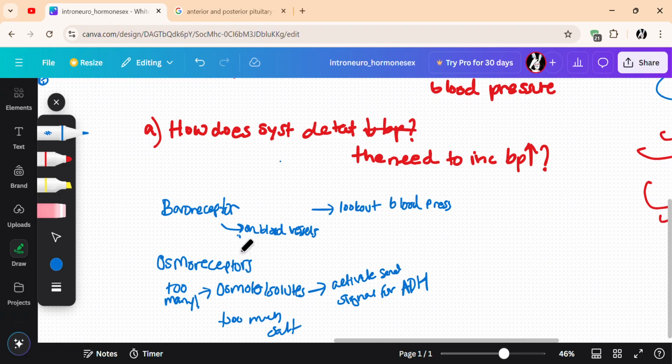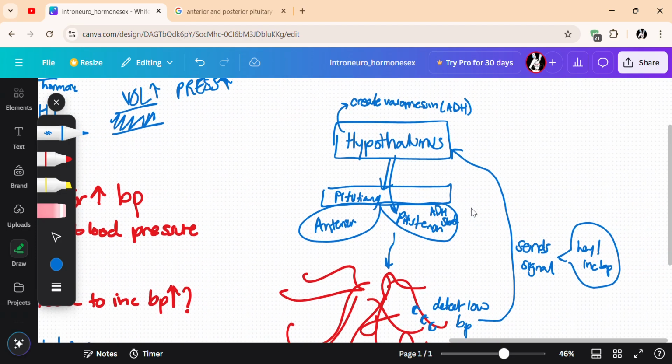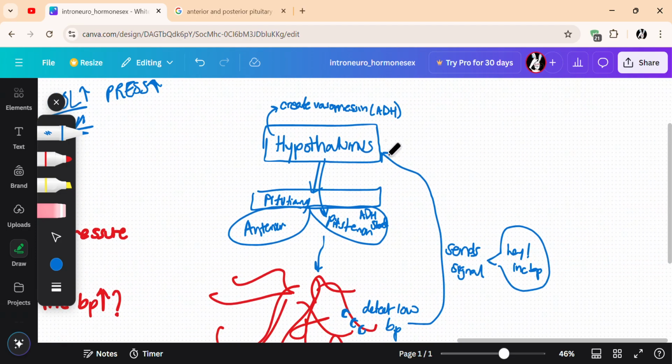And while baroreceptors are on blood vessels, osmoreceptors are actually on the hypothalamus. So these osmoreceptors literally sit on the hypothalamus, looking at the bloodstream. Do we have too much solute, too little solute, too much salt?